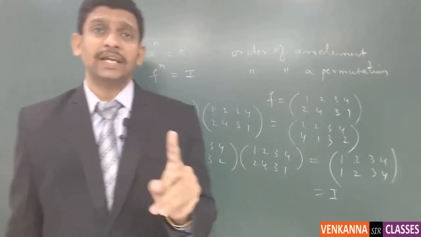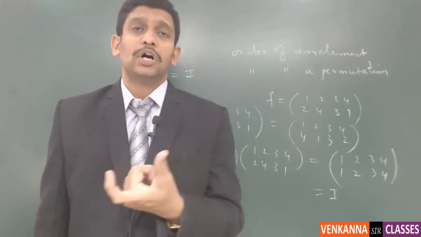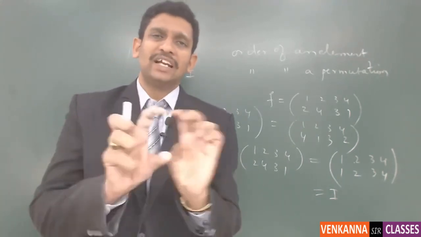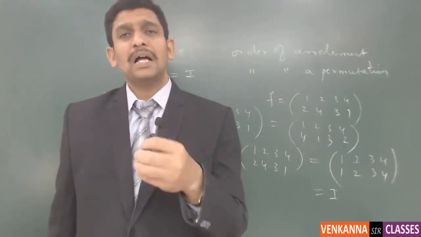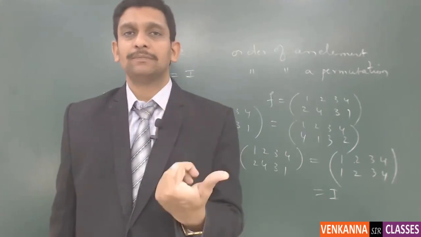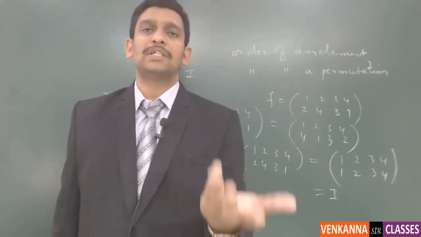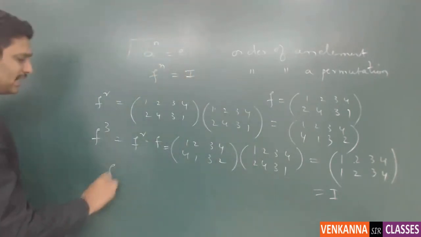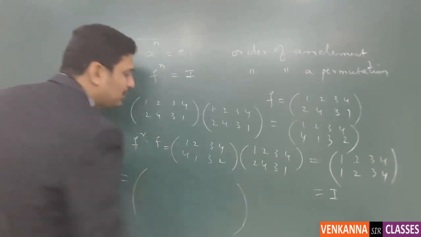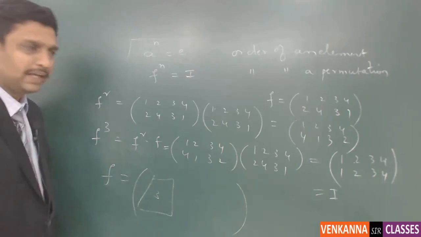One interesting thing we can observe here is, suppose you took a permutation having different cycles in it. Now you pick up the maximum cycle length. So order cannot exceed that much maximum cycle length. Let me say, while writing f, I took a big permutation. Here I got a cycle of length 3.